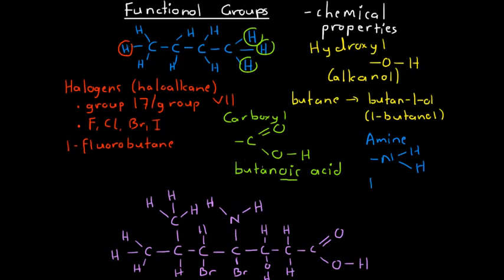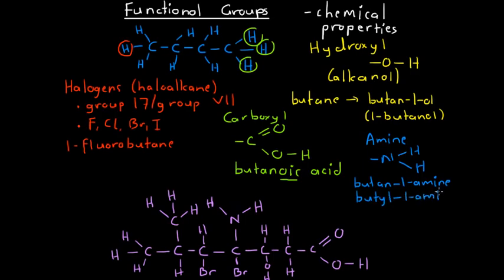We can take this butane stem again and write it as butane-1-amine. We can write it as butyl-1-amine. So this is the name of a butane alkyl group.